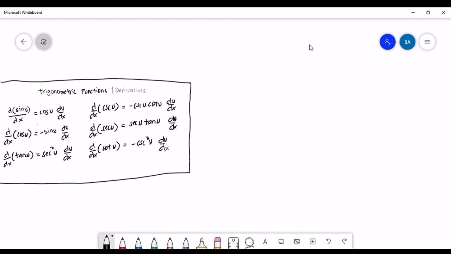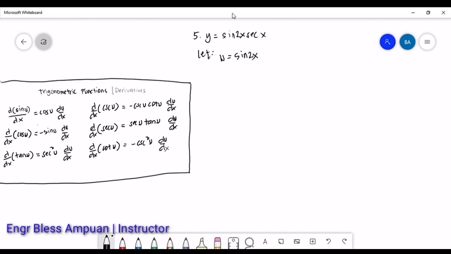Our example number 5: what if we have y equals sine 2x times secant x. At this point, we can let u equal sine 2x and v equal secant x.